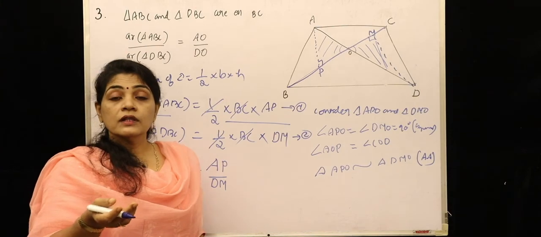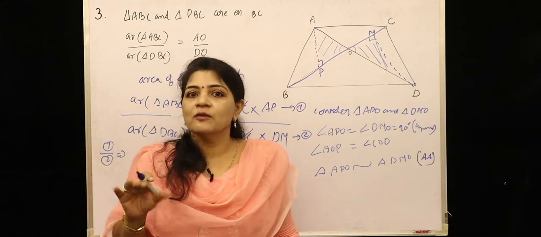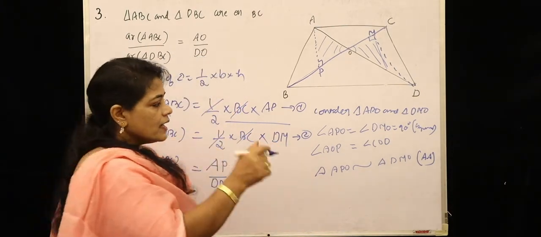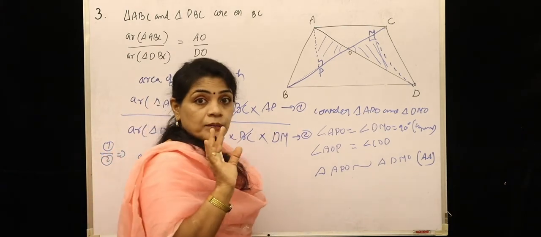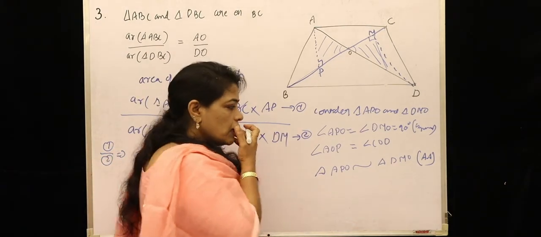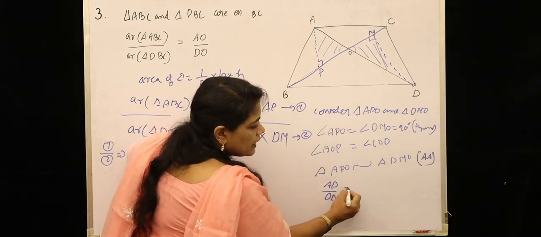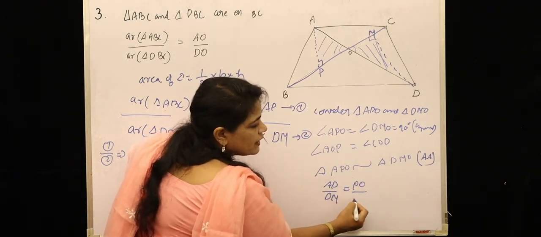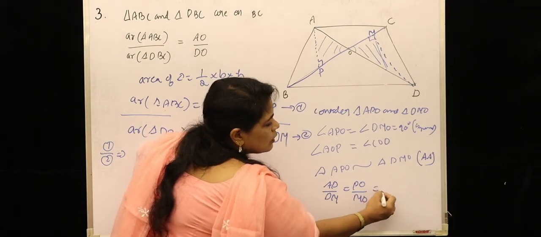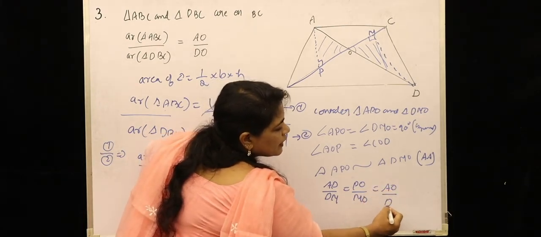If so, the corresponding sides are in the same ratio. Since they are similar, I am not applying the area ratio theorem here children. See AP divided by DM equal to OP divided by MO equal to AO divided by DO.